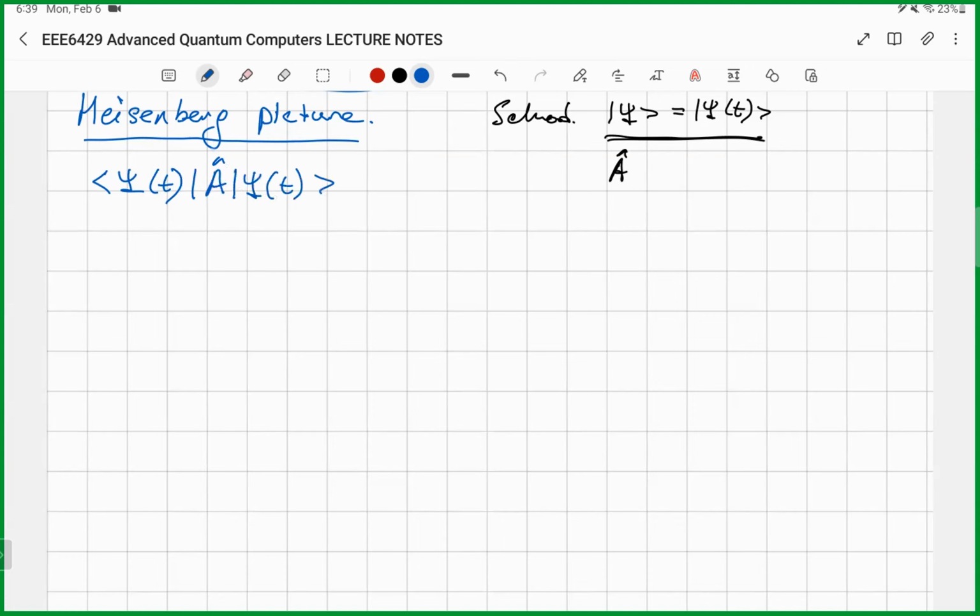So this quantity is a matrix element in the state psi, and this matrix element basically gives you the possible result of the measurement.